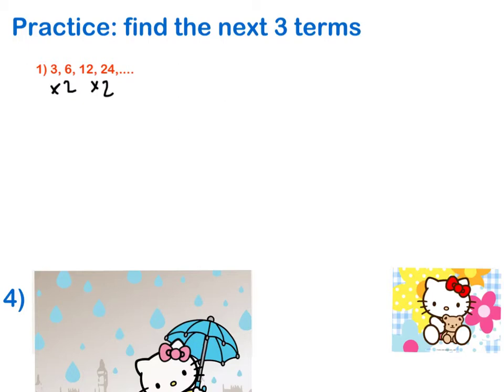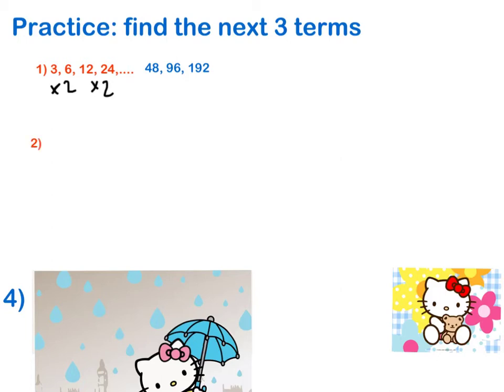That means if I asked you to find the next 3 terms, you'd probably say, what would you say? 48. 48 times 2, getting a little harder, 96. And 96 times 2, that's 192. So you're going to look for an established pattern, and then you're going to finish it.